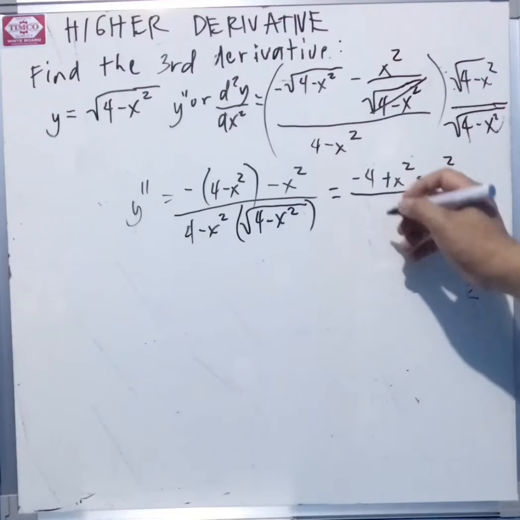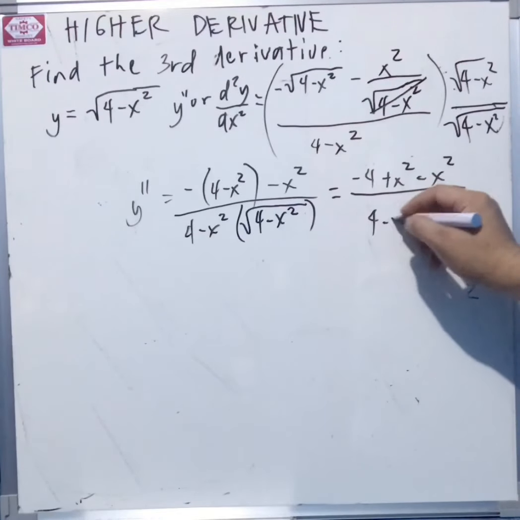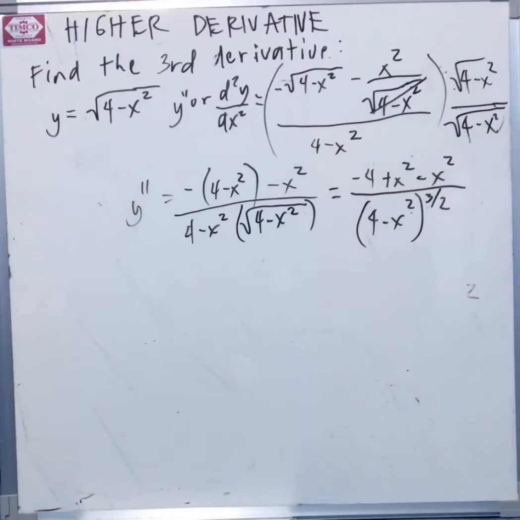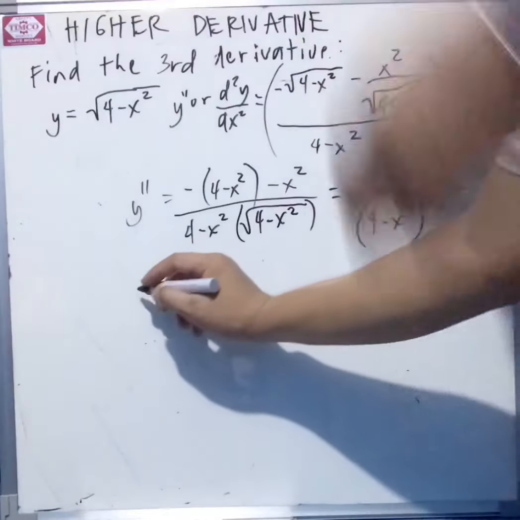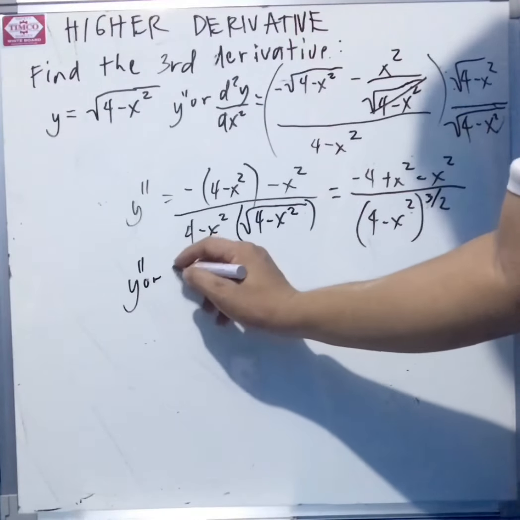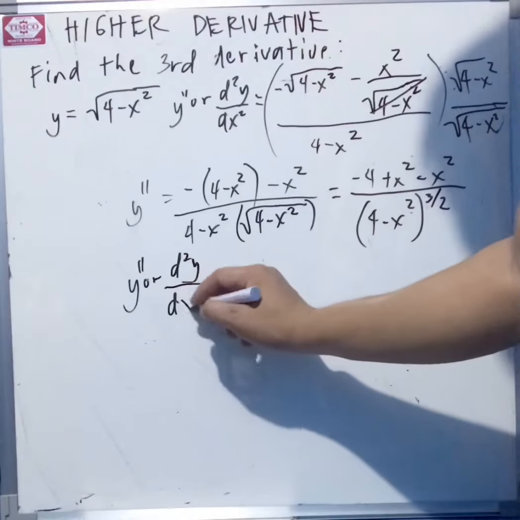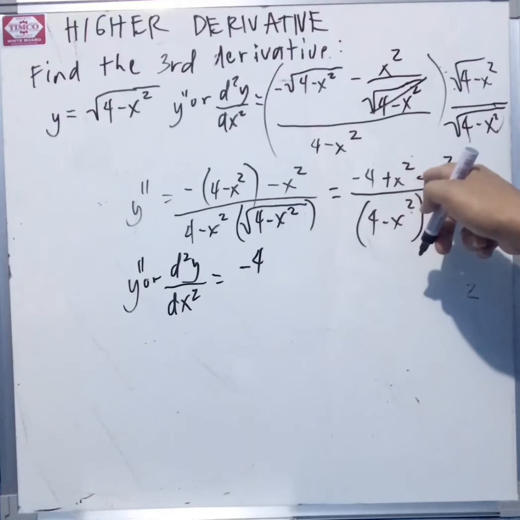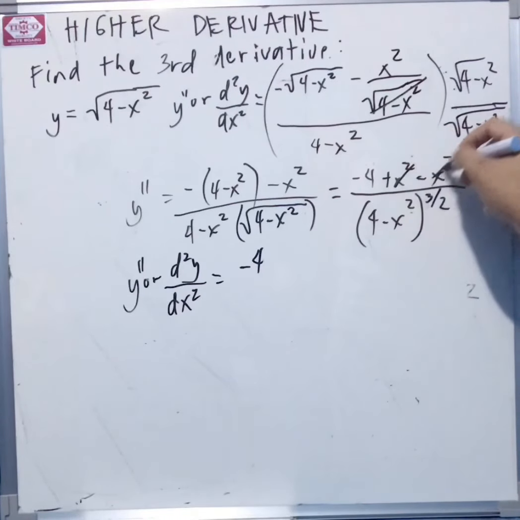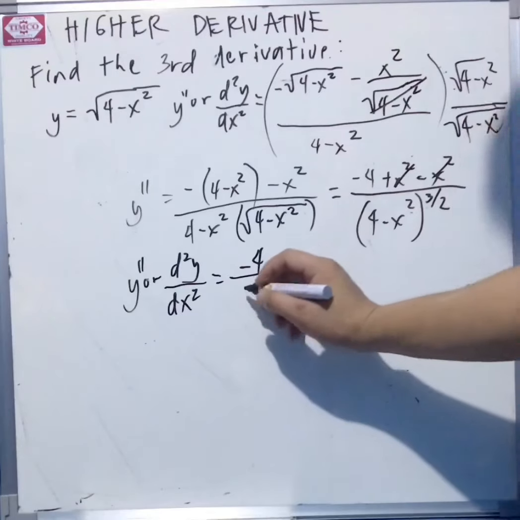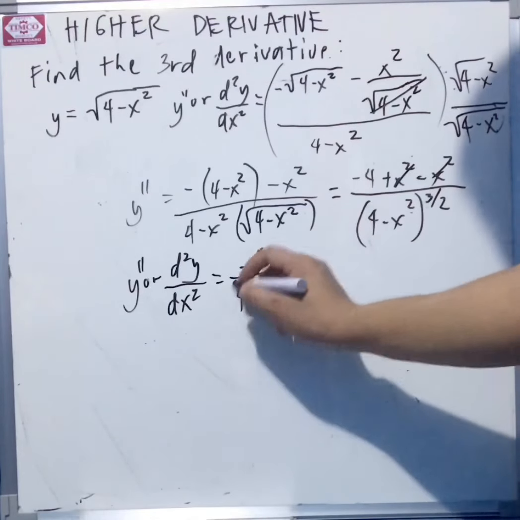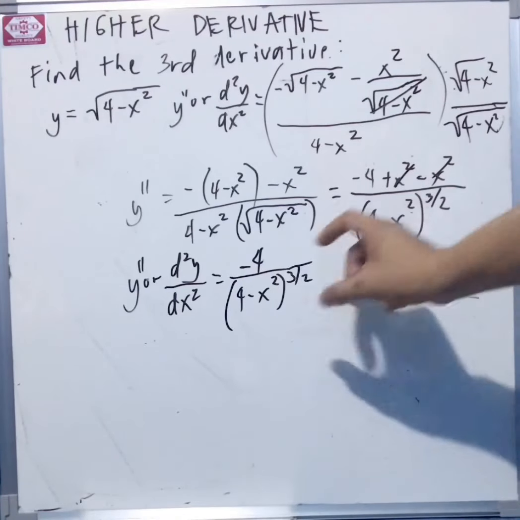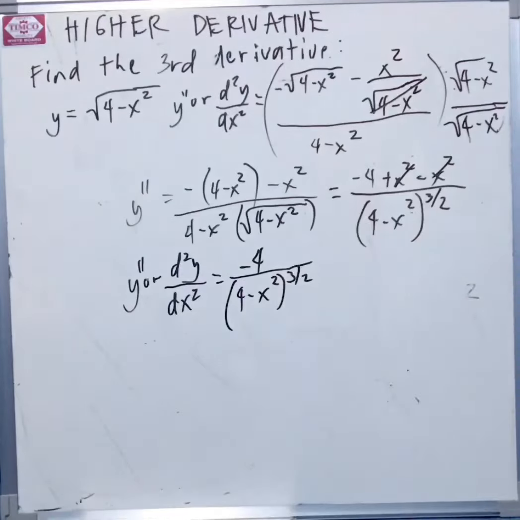So, equal to sa 4 minus x squared raised to 3 over 2. So, simplify pa natin. So, we have y double prime or second derivative of y over dx squared is equal to negative 4 positive minus negative. So, ano na? All over 4 minus x squared raised to 3 over 2. Okay, so we have our second derivative.